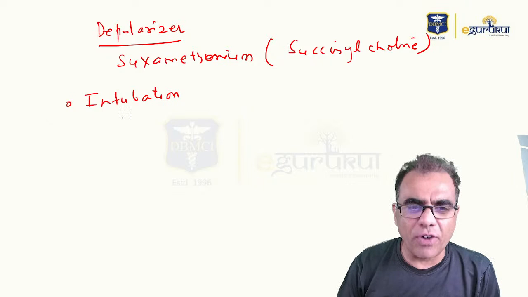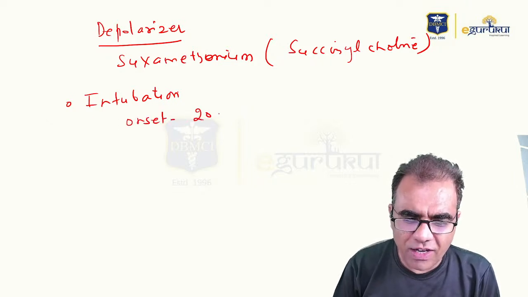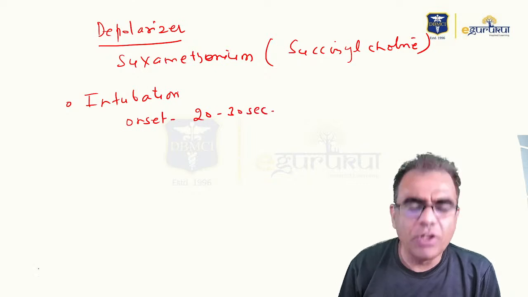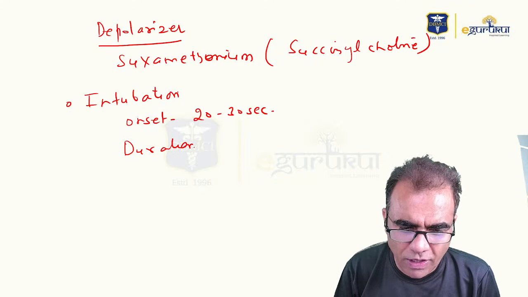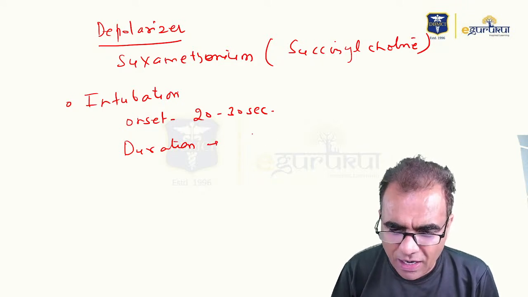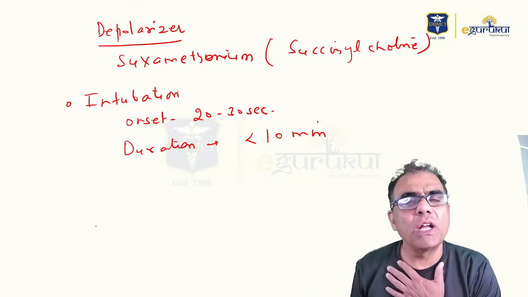And why is it preferred for intubation? Because its onset is very fast, within 20 to 30 seconds, and secondly, its duration is also very short, less than 10 minutes. Why does it have a short duration?